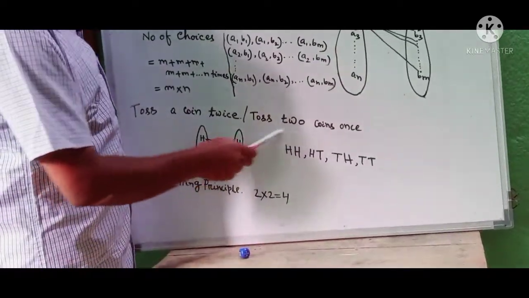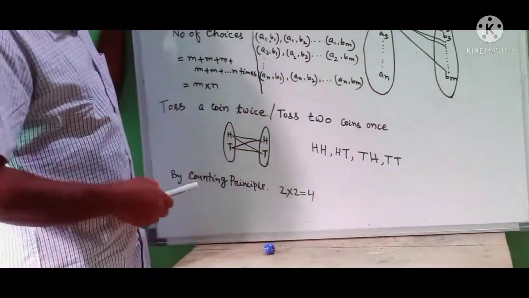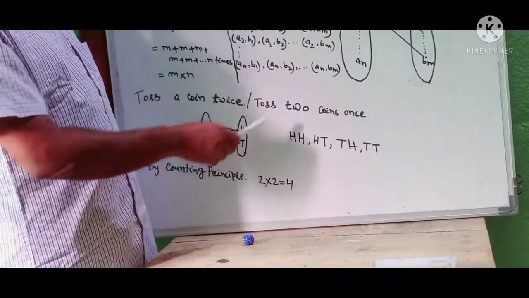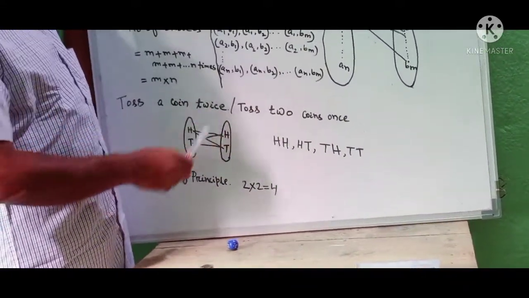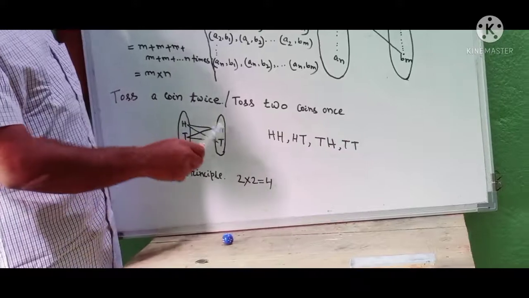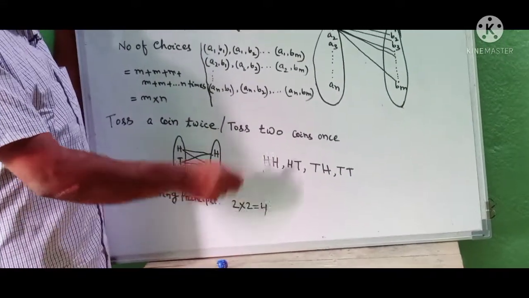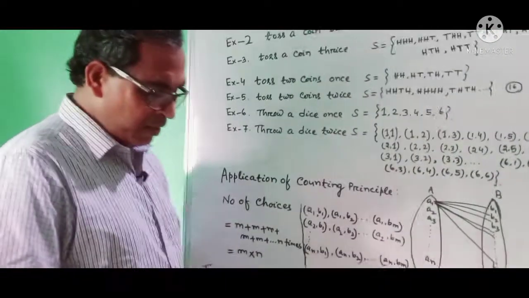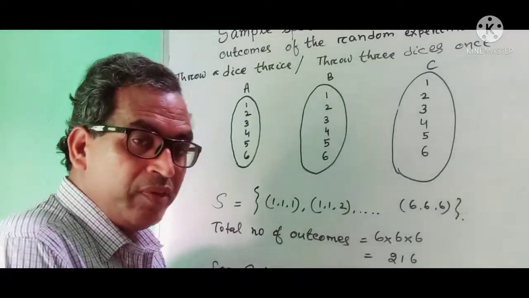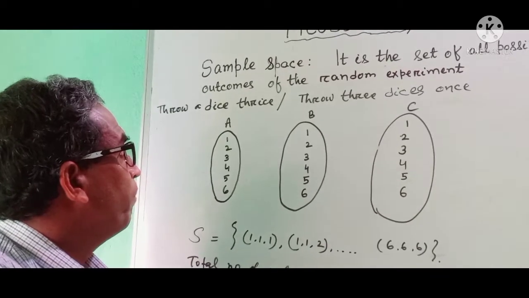These are the outcomes. By the counting principle, the number of outcomes will be: here 2 elements, here 2 elements, so 2 into 2 is equal to 4.